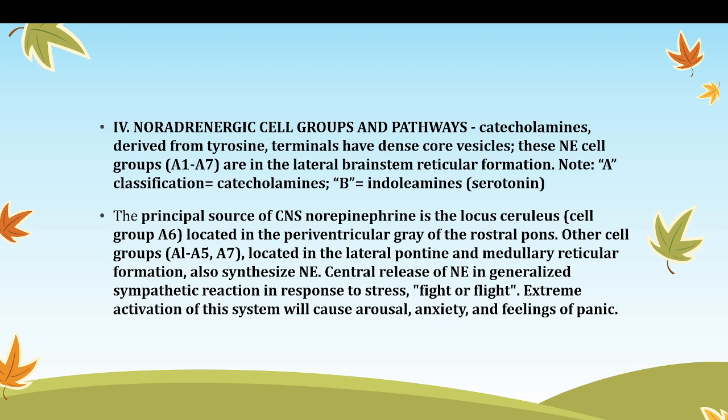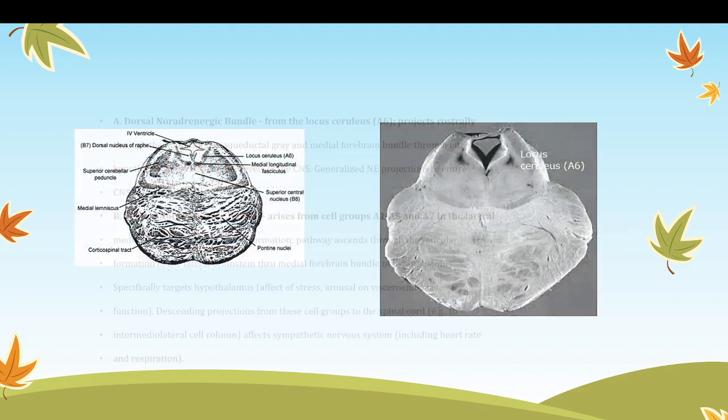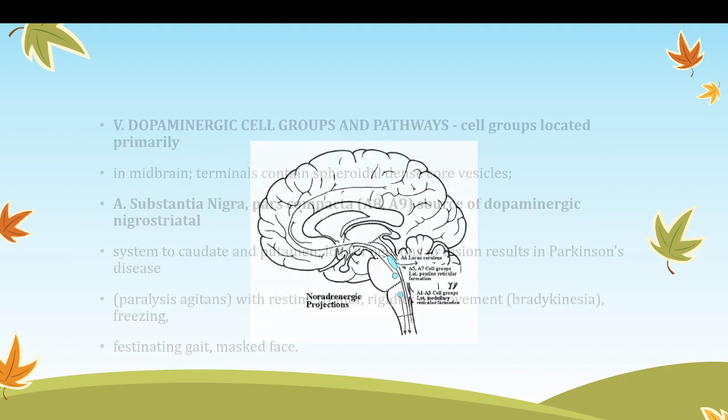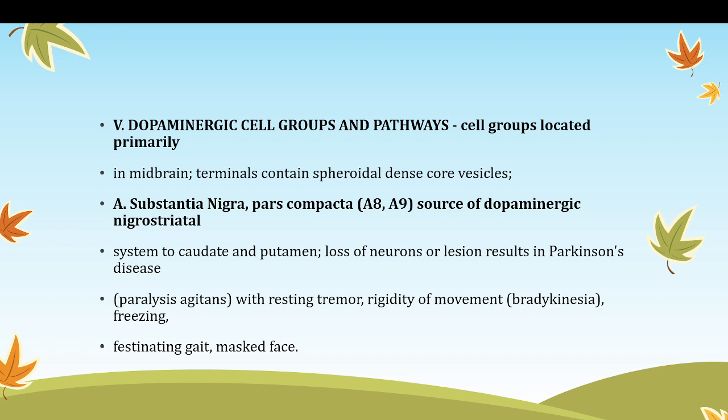Catecholamines are of two types: norepinephrine and epinephrine. Next is dopamine. Dopaminergic cell groups and pathways. The cell groups are located primarily in the midbrain.